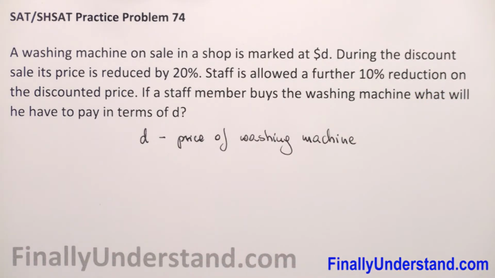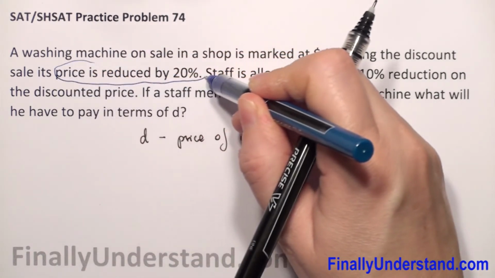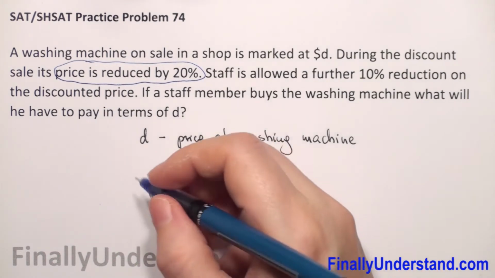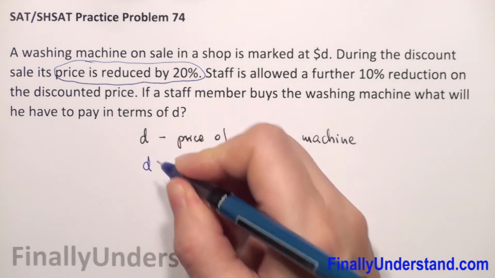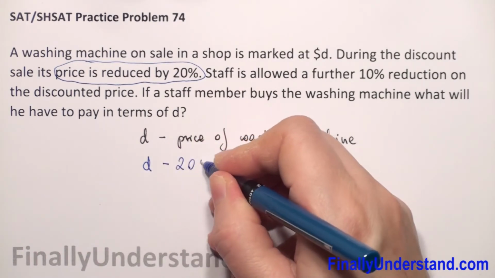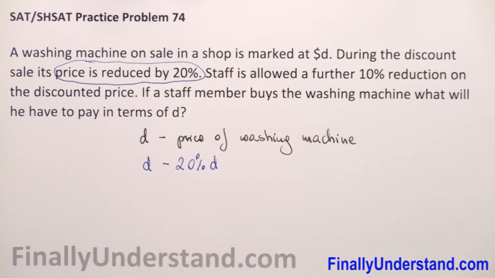During the discount sale, its price is reduced by 20%. The price is reduced, so what we have to do is subtract from the price of the washing machine 20% of the price, so of D.